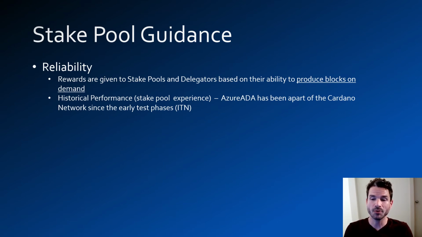Because a stake pool operator does not know when they will be required to produce a block. For example, the AzureADA stake pool has been around since the ITN, Incentivized Testnet days.